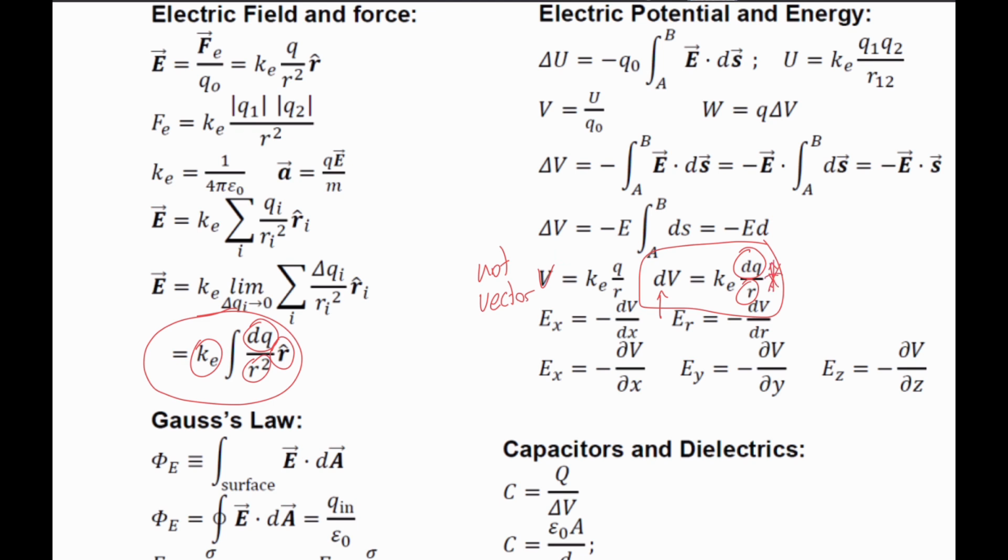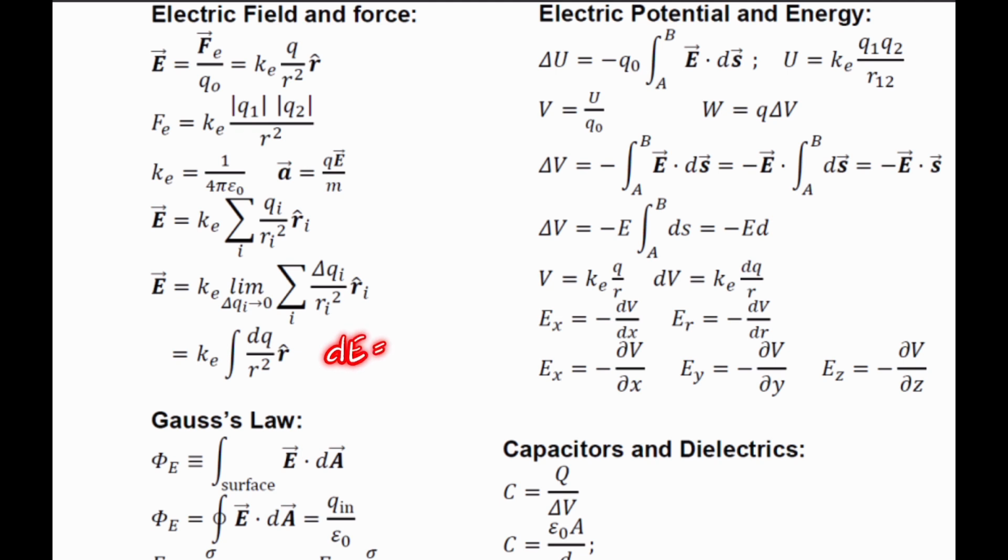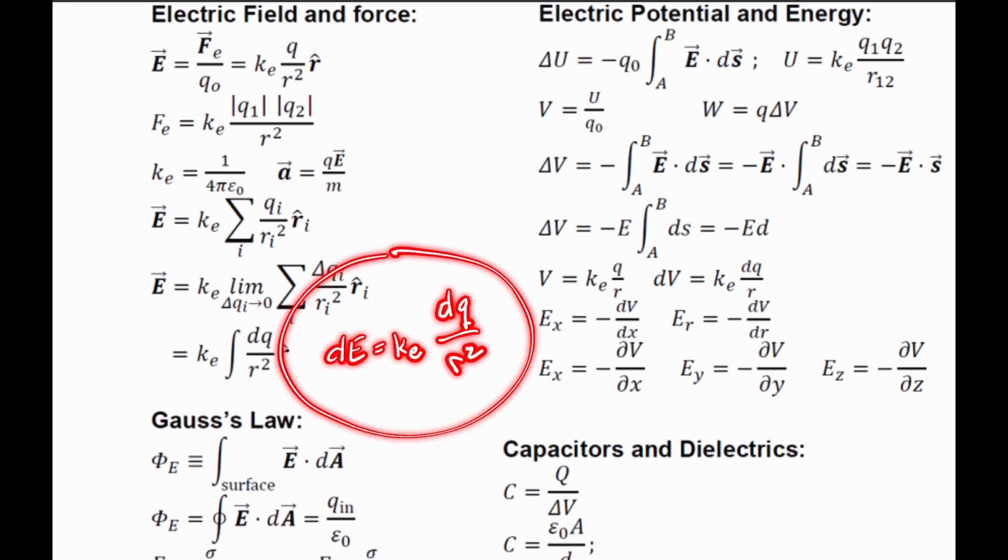One difference though is over here you see the integral dq. Over here you don't see the integral. That's because they have a dE here. You can see this equation as dE is equal to Ke dq over r squared. And this equation just doesn't have the integral because they're saying a super small element dE is created by a super small element dq.